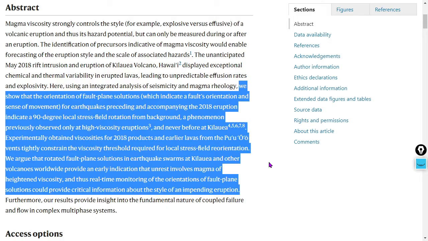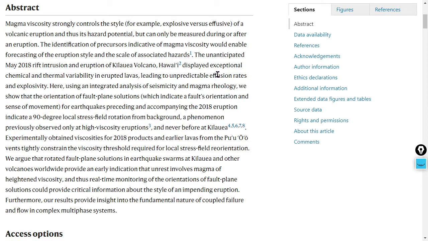Furthermore, results provide insight into fundamental nature of coupled failure and flow in complex multi-phase systems. So very interesting there, folks, about the viscosity and predictive value associated with seismic volcanism, volcanic seismicity.